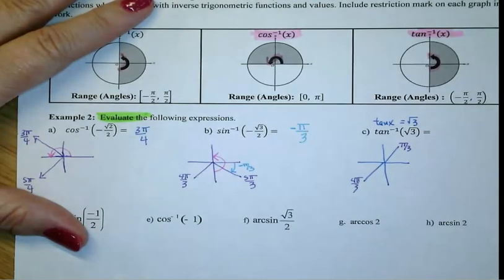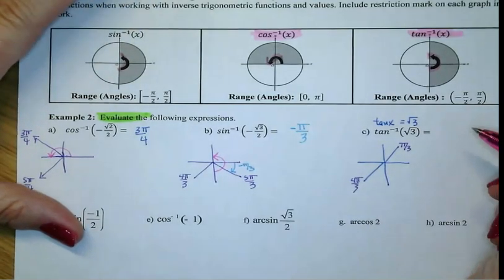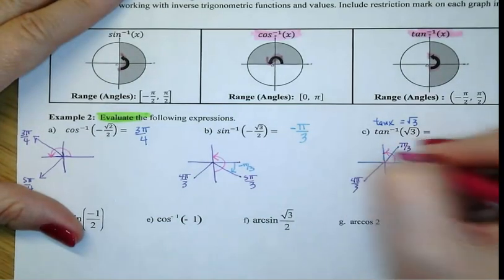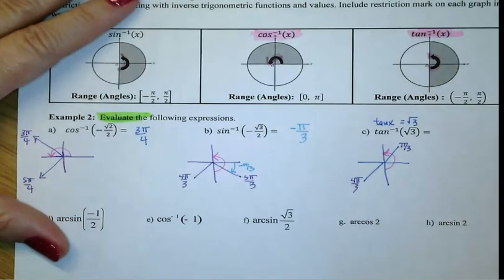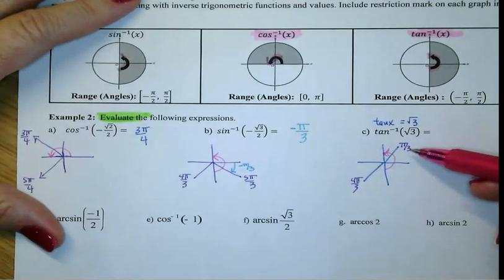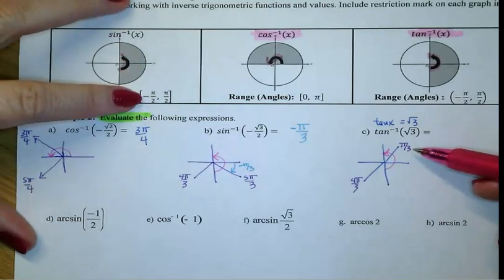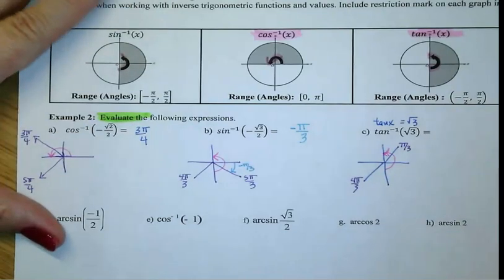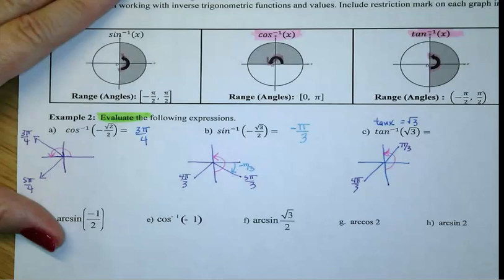Okay, so now we're going to take a look at those two angles within our restriction. So here's our restriction, which is going to go from here to here. And here is the angle that falls within my restriction mark. Is this particular point between negative pi over 2 and pi over 2? And it is. It's right here in this group. So that means our answer is going to be pi over 3.